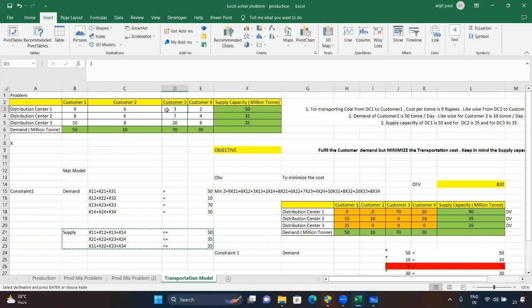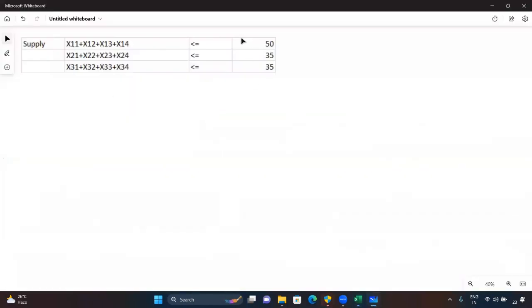X13 is distribution center 1, customer 3, and x14 is distribution center 1 and customer 4. Now what is distribution center 1? That is the source. What is customer 4? That is the destination.